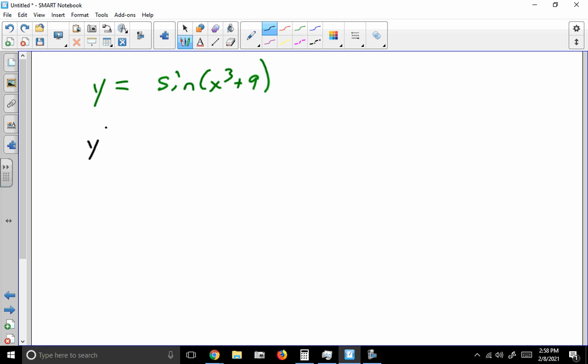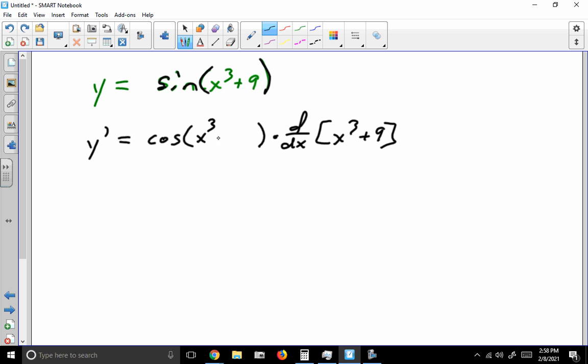So when we take the derivative here, we have something on the outside. We have sine. That's our outside function, so the derivative of sine is cosine. And then we're going to multiply that times the derivative of the inside part. And remember, our inside function stays as the input. So this is the derivative of the outside.